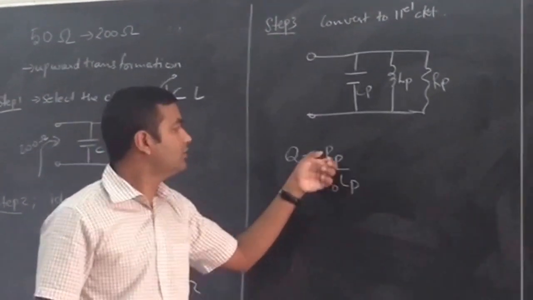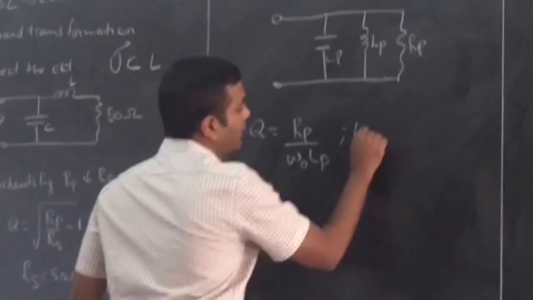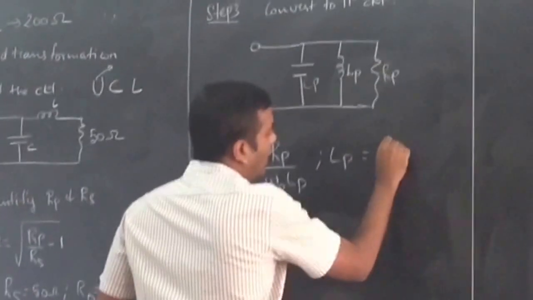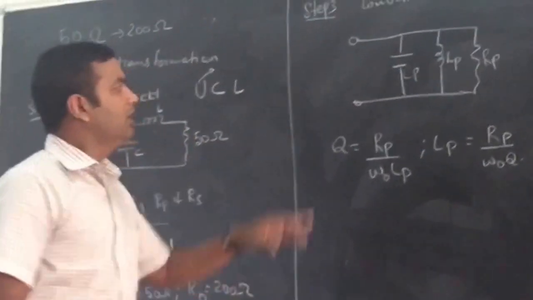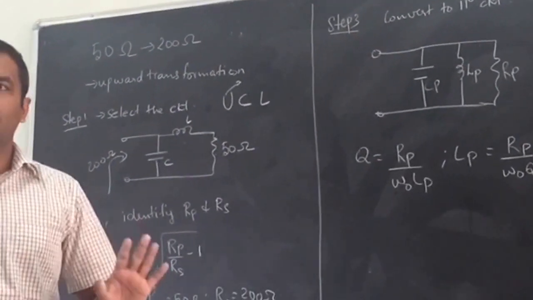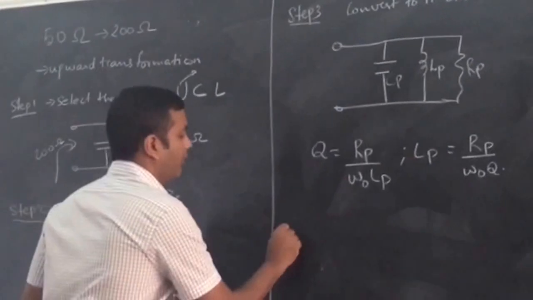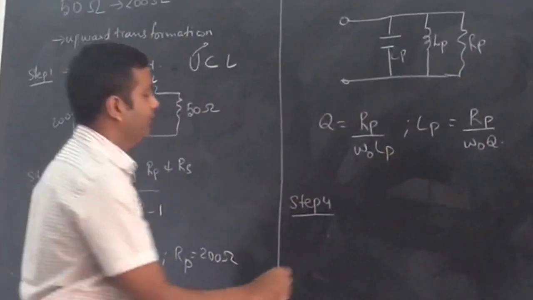LP we need to find out. I have RP and I also have Q. So LP is equal to RP by omega naught Q. Now I found out LP. Next is step 4. Go back to the old circuit.